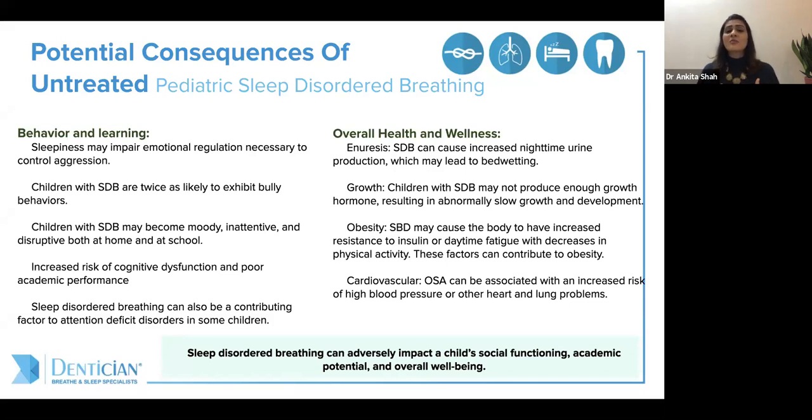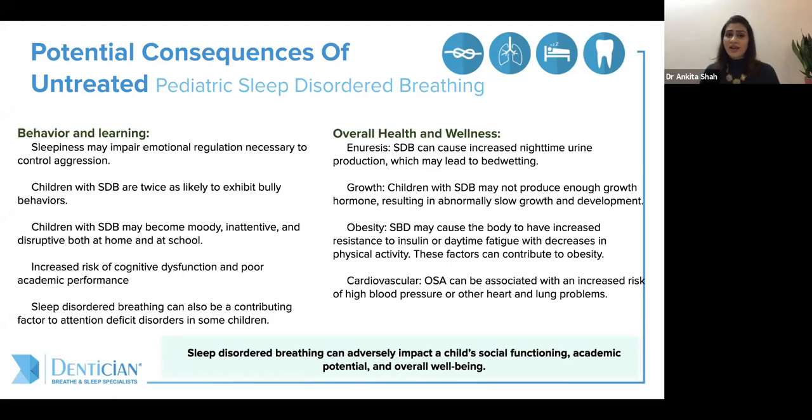Similarly, when you are not moving into deep sleep, where actually the growth hormone is released, what happens? You're not developing at the same pace as the other kids. And remember, mouth breathing and UARS commonly affect this problem where you're not moving into deep sleep.